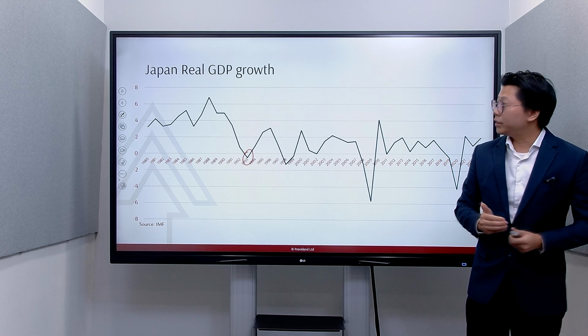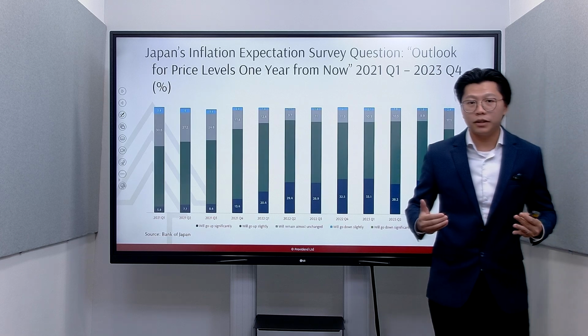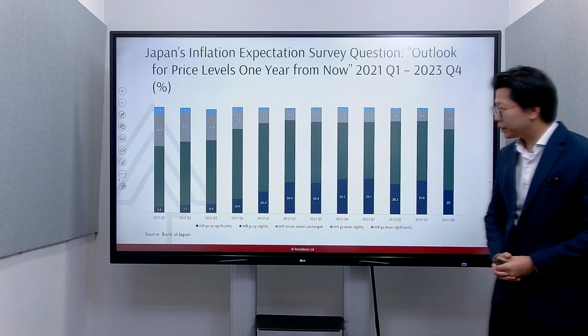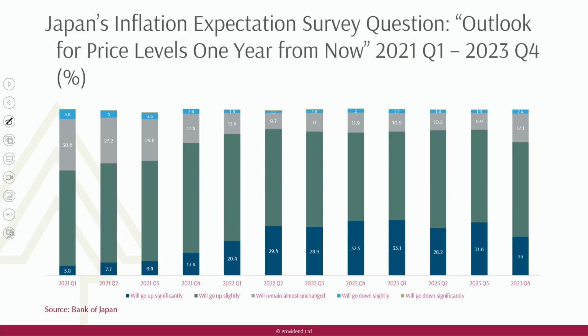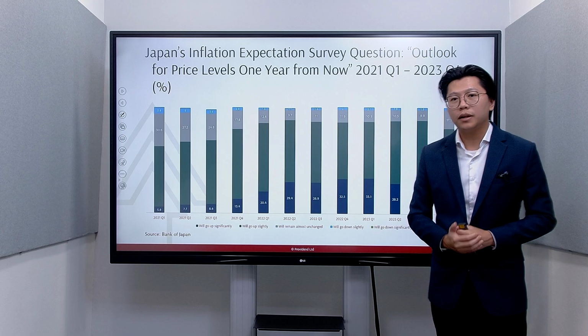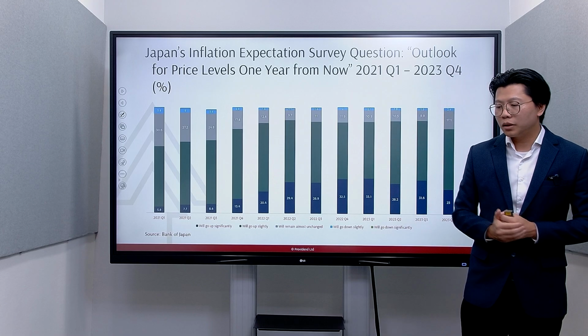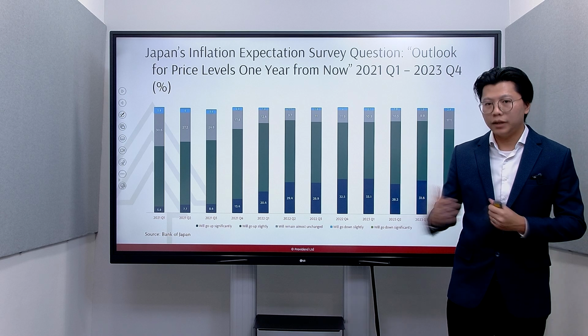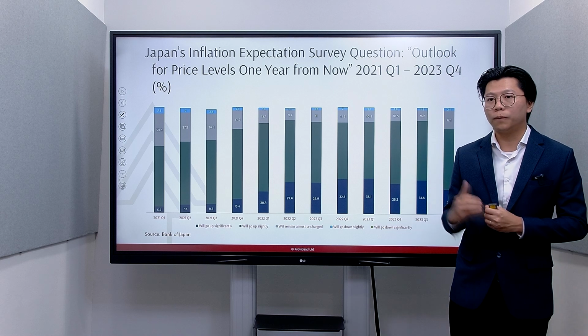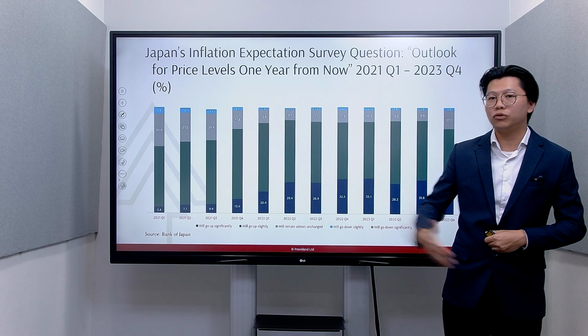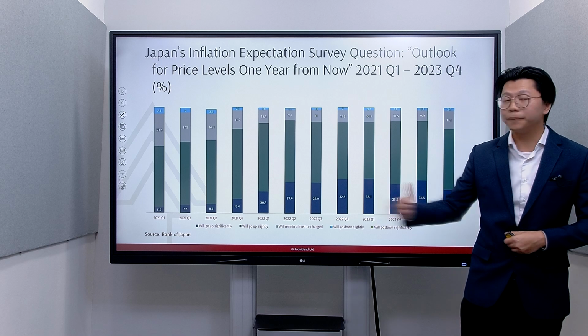Now, what we're seeing now is that Japan's inflation expectation has risen. If you look at this chart, which is a survey held by the Bank of Japan, where they ask Japanese households what they see the price level like in 1 year from now. In other words, they are surveying these households, trying to understand the inflation rate expectation 1 year from now.